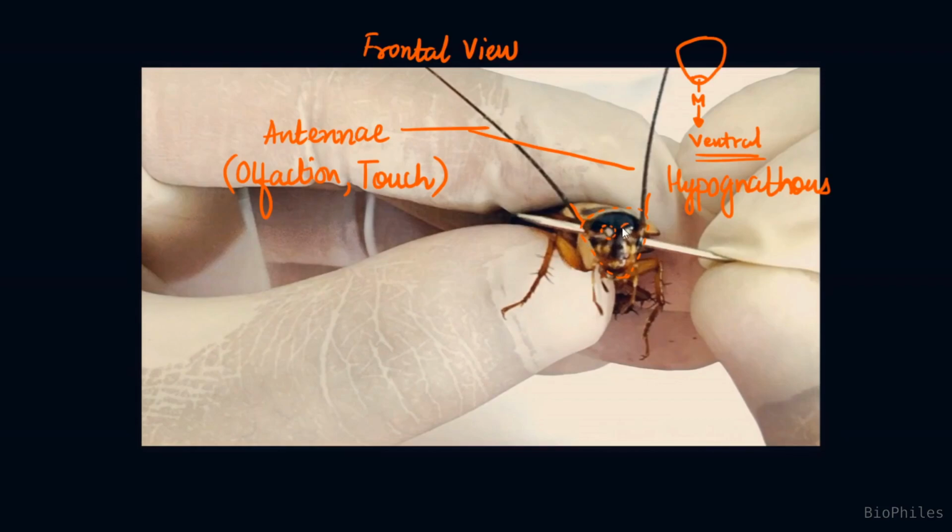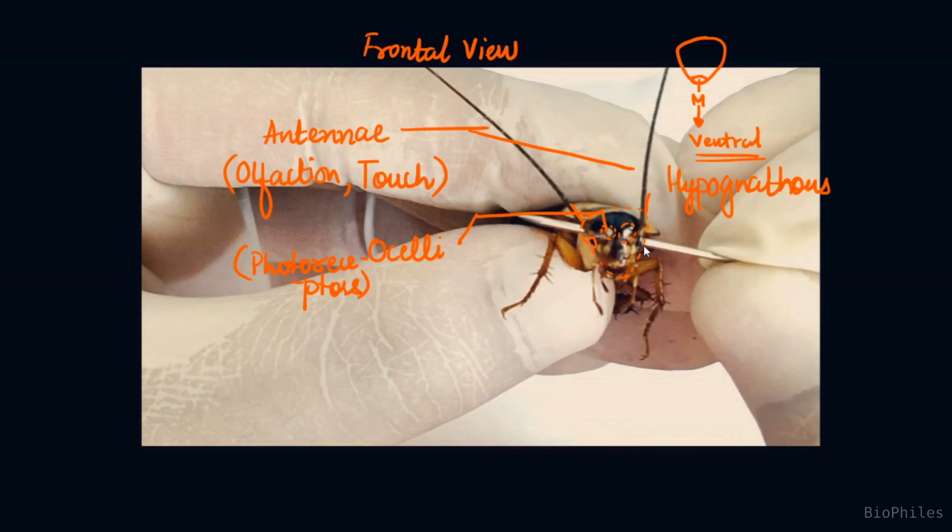The next two structures that can be seen are these two white spots. These two white spots are the ocelli, and ocelli have photoreceptors in them. And these photoreceptors are going to help the cockroach to gauge the amount of light that is present in the environment.